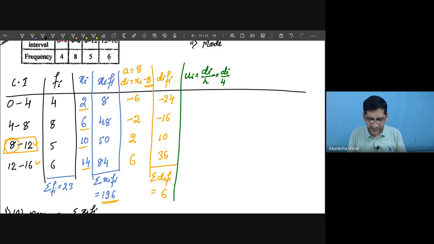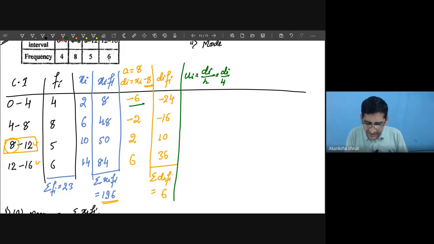So let us calculate it. Here the di that we have taken is minus 6, so we shall go for minus 6 divided by this 4. The 4 is obtained from the class interval. h is there. Okay.